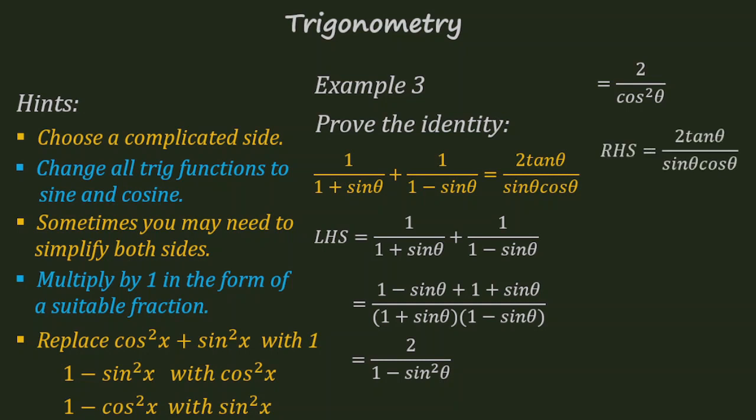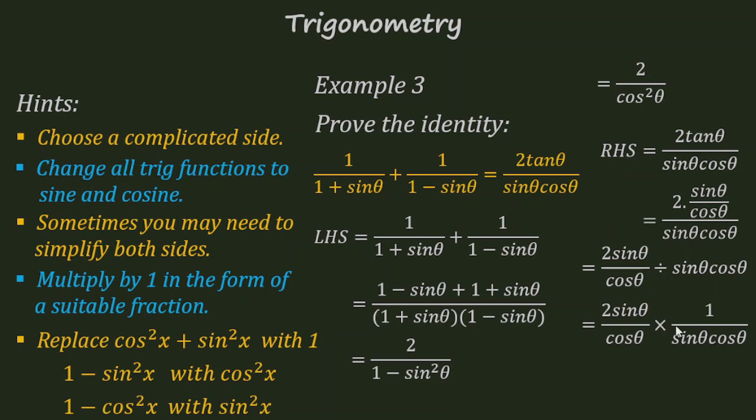The right-hand side is given by 2 tan theta over sin theta times cos theta. Change tan theta into sine and cos. We can rewrite this division sign in the manner that will allow us to work with ease, this long division here. And now we can change this division sign into a multiplication by writing the multiplicative inverse of sin theta cos theta.